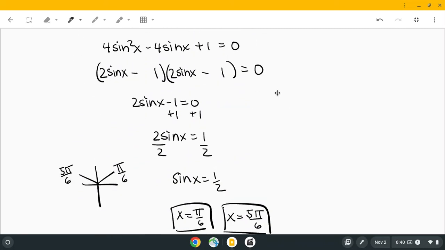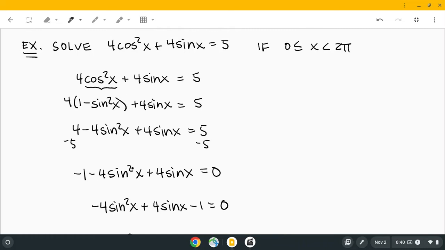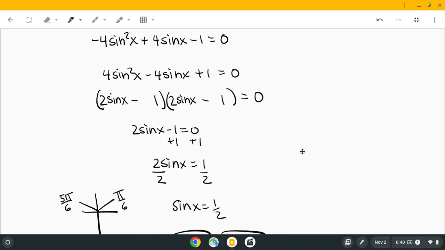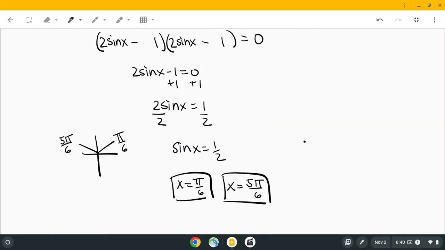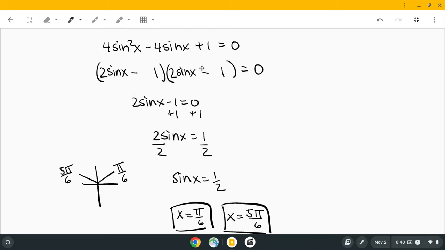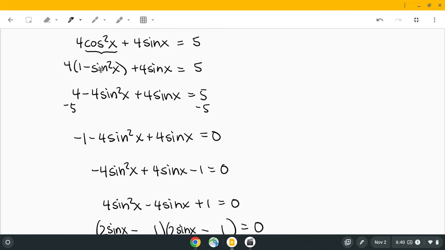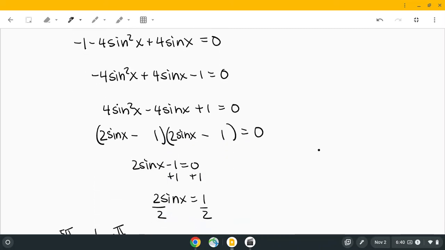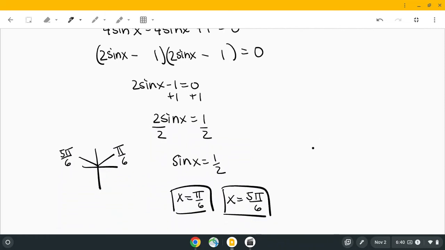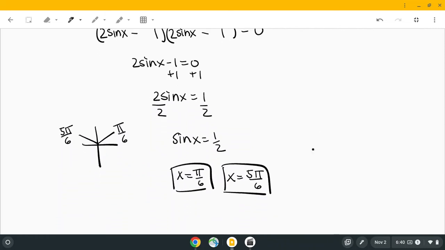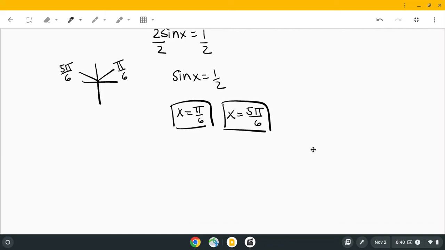To me, this was the more intuitive direction to go. But again, when you work these out, if you get stuck, and the thing that you chose to rewrite is not leading you to anything that is solvable, then try a different method.